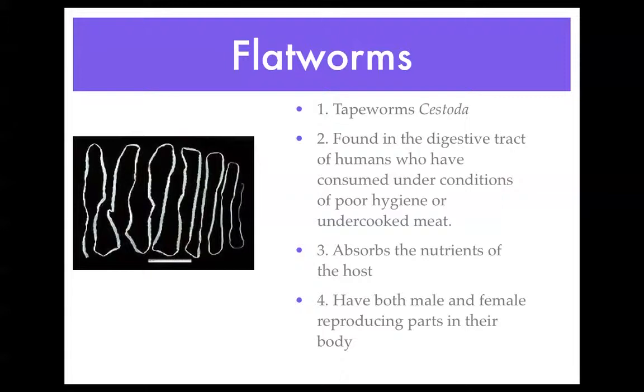And flatworms have both male and female reproducing parts in their body, meaning that they can reproduce quickly, and they can grow to be as long as the picture there. As you can see, they're really flat and skinny, hence flatworms.